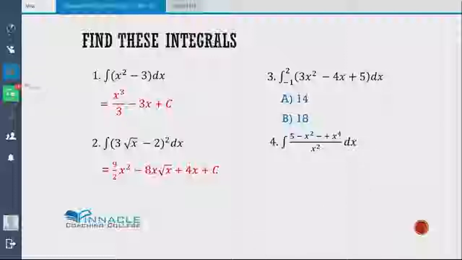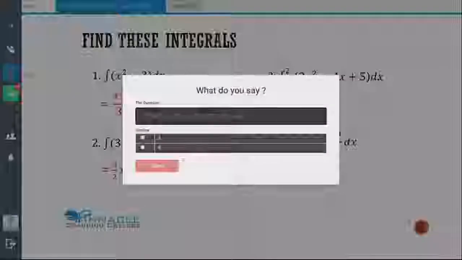All right, so let's see how we went with this one. All right, is it A or B?